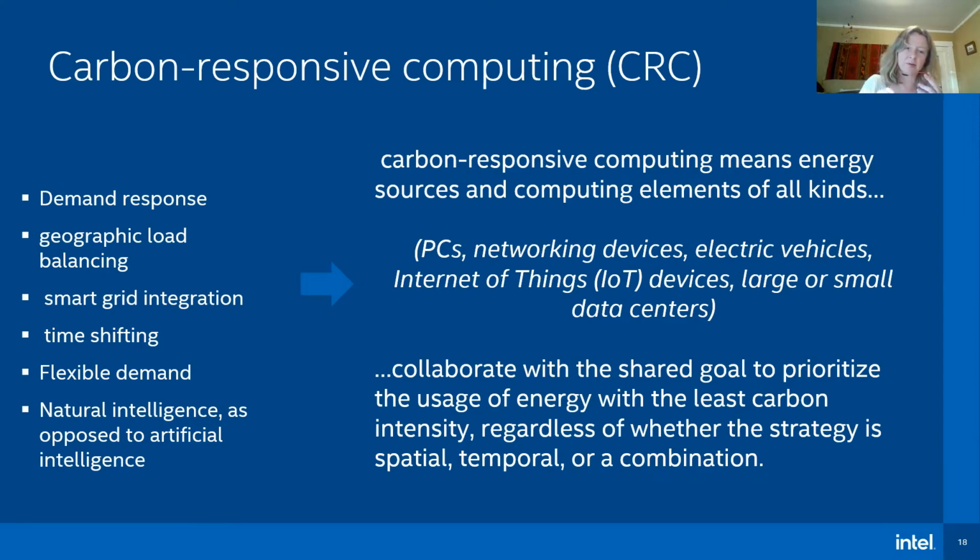There's a piece of work in science and technology studies where they call it natural intelligence as opposed to artificial intelligence, right? Being intelligent about the natural rhythms of the world, which I particularly like. Right, whatever you're calling this, our goal is to say, look, we've got to take this out of the data center specifically and start to apply this to everything, right?